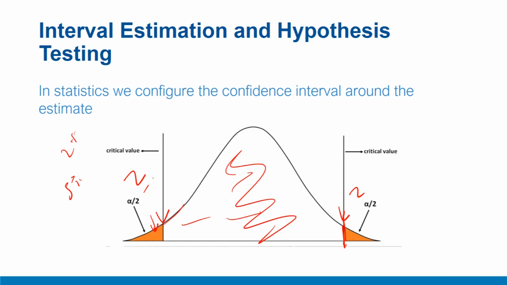So instead of the z parameter, we use student's t distribution, which is very similar to the standard normal distribution. The only minor difference is that student's t distribution has relatively fatter tails. It has fat tails, which means for any hypothesis testing, rejection of the null requires more evidence. Because we work with small samples and do not want to make any major mistakes, we tend to work with student's t distribution.